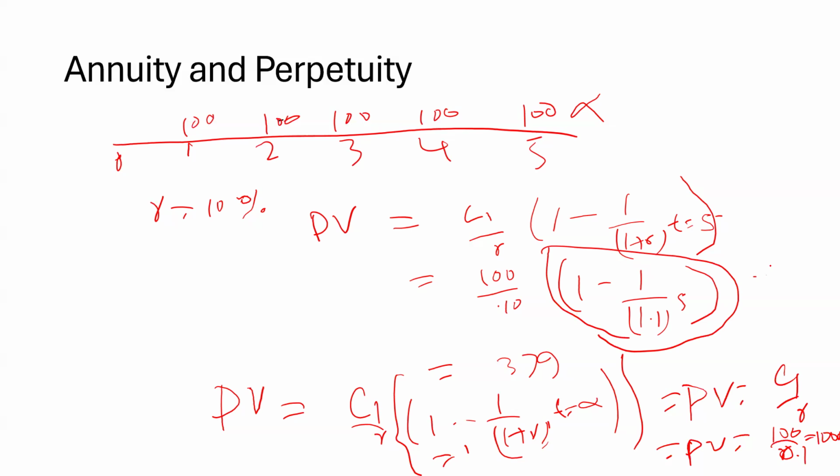So if you understand the difference, you can use the same formula, but when you change the value of T to indefinite, this part becomes 1. So what matters is this part. I hope it helped.